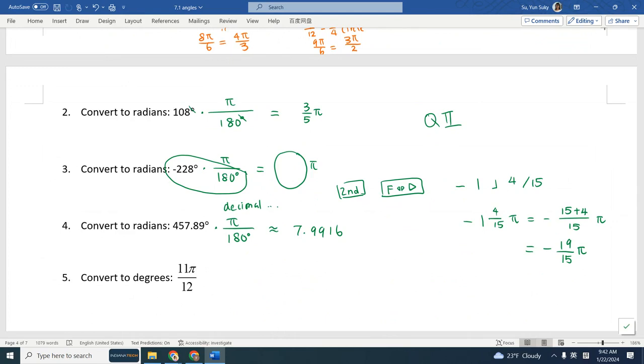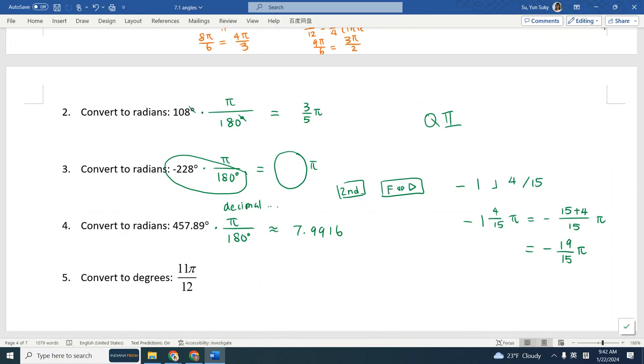Okay. Any questions so far? Yes. Okay, let's see. No, times pi divided by 180. You see the pi? Go back.